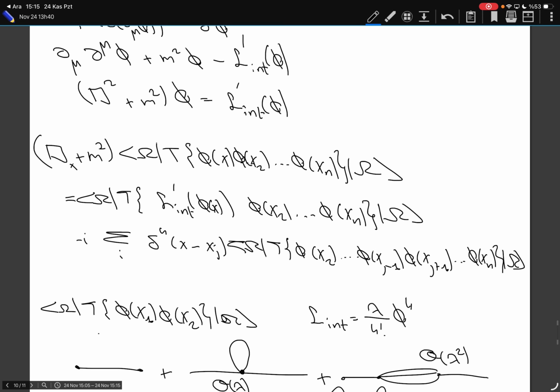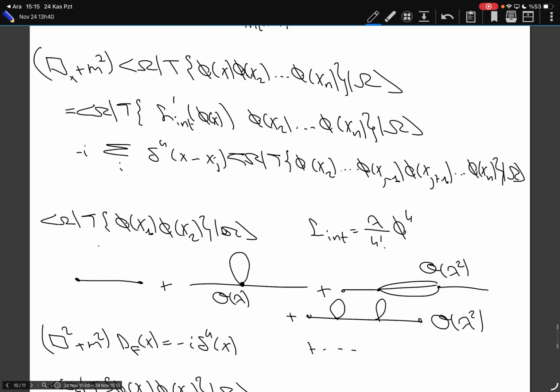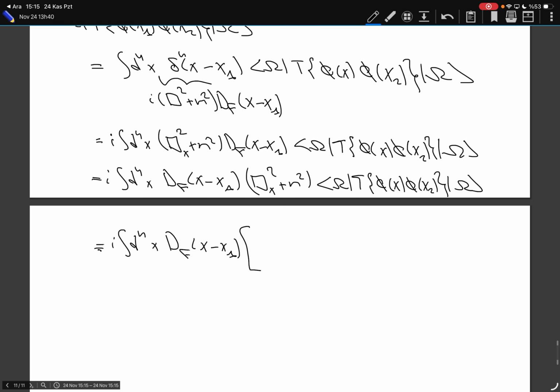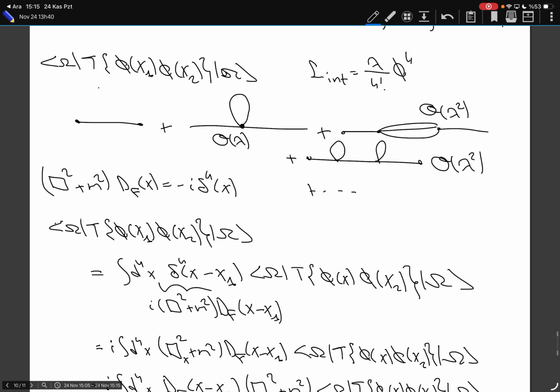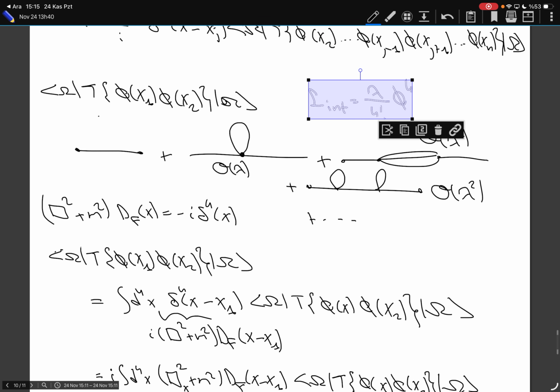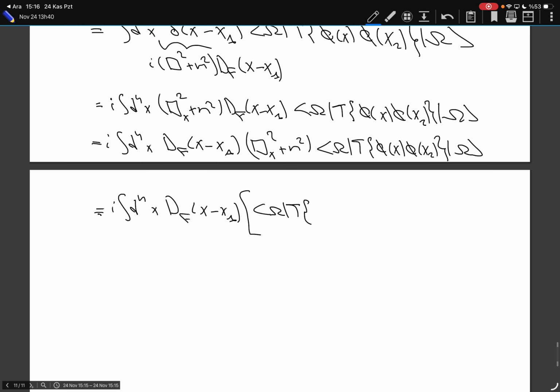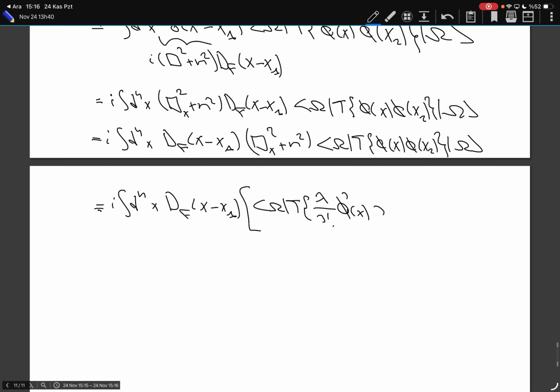Well, in the first term, what appears is just replace phi by the derivative of the interaction Lagrangian, which is λ over 3 factorial φ³ at x, φ of x₂.